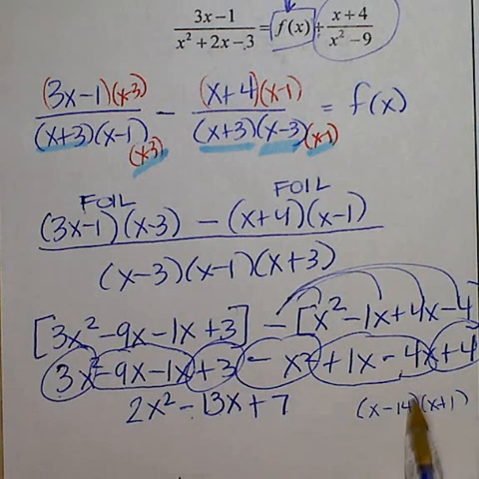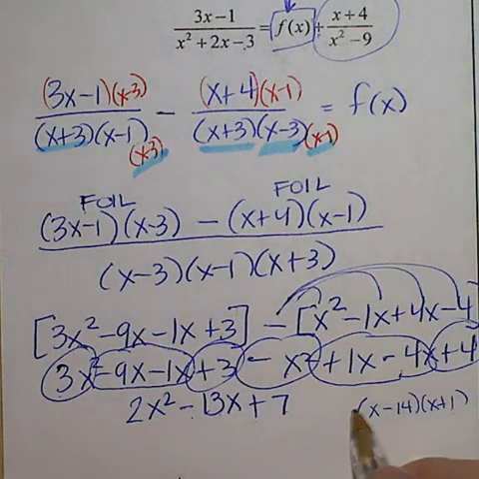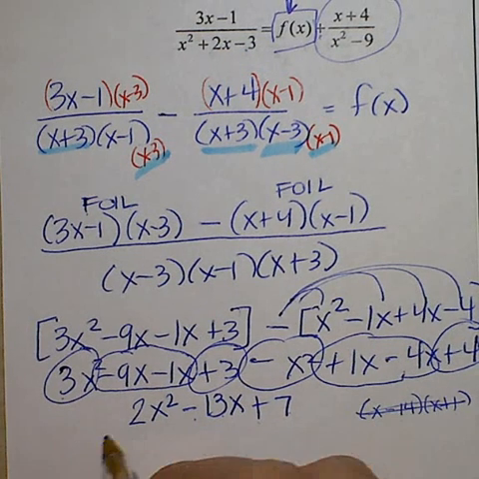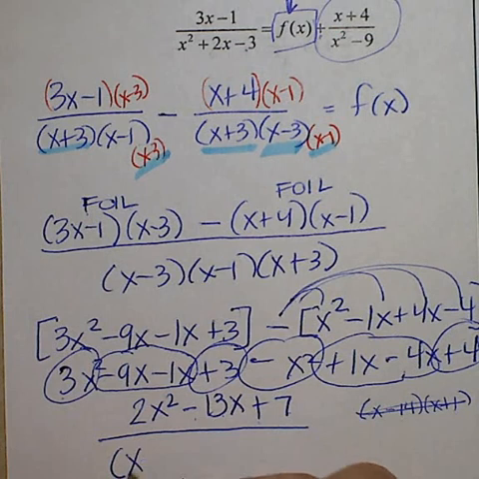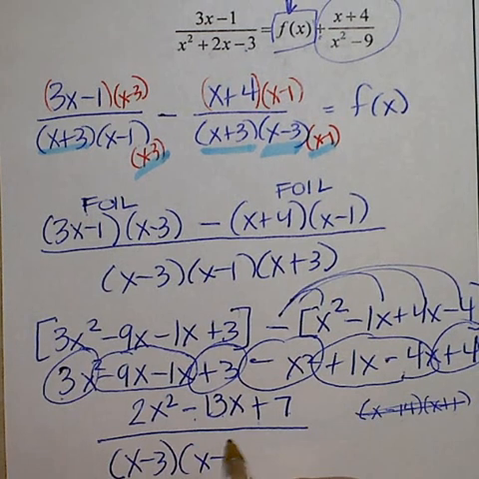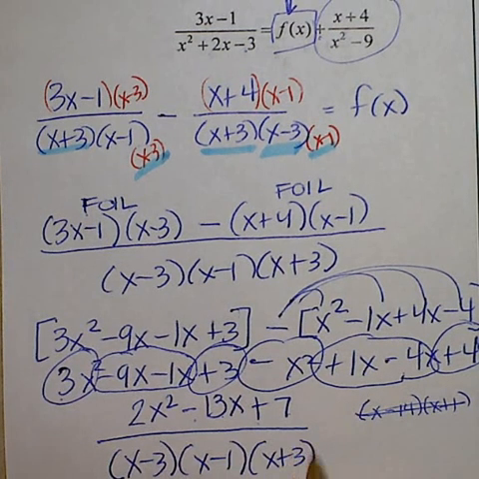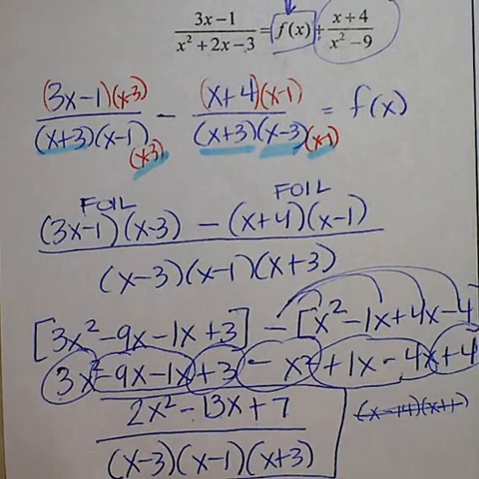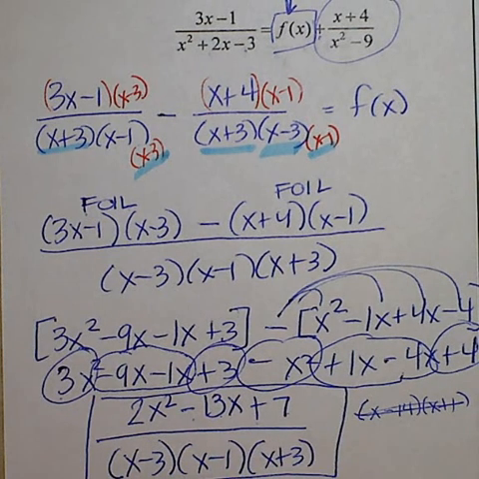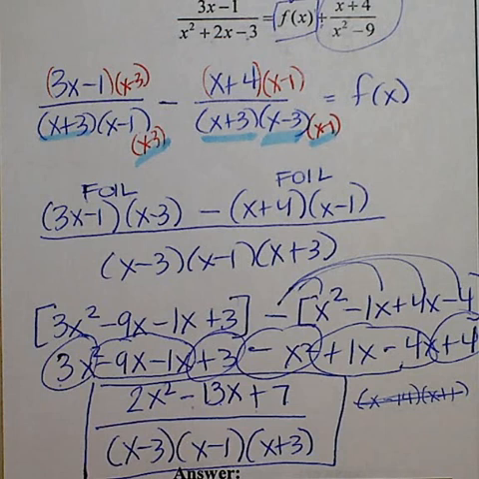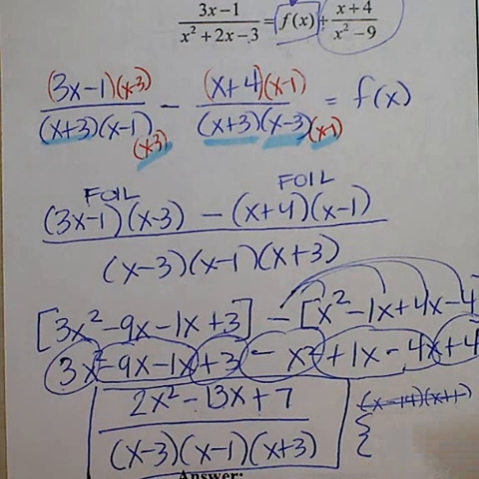But these two values do not multiply to give you a positive 14. So this is not factorable, so I leave it like it is. And then the denominator is x minus 3, x minus 1, and x plus 3. Excluded values, we have 3 in this case, 3, 1, and negative 3.